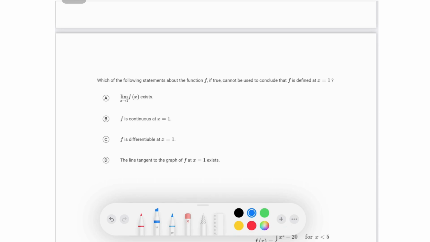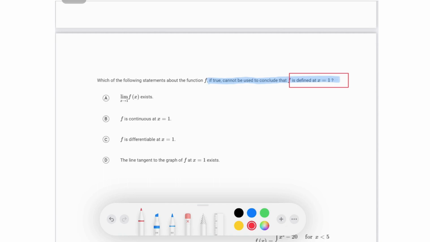It says, which of the following statements about the function f, if true, cannot be used to conclude that f is defined at x equals 1.